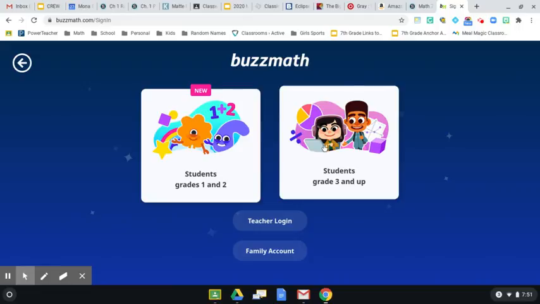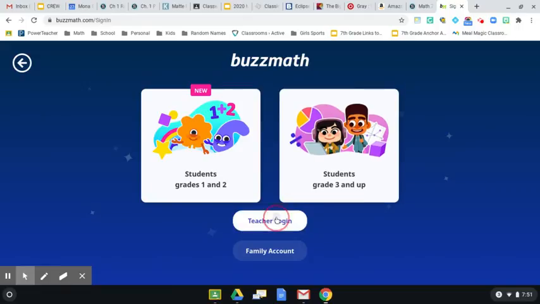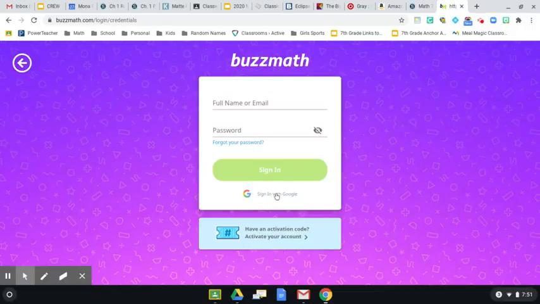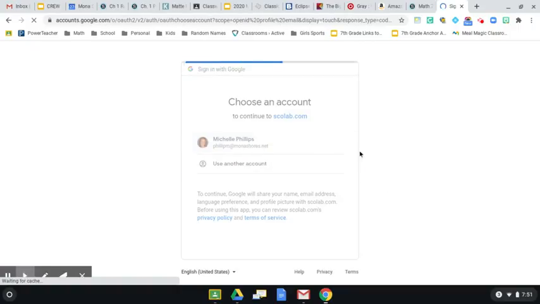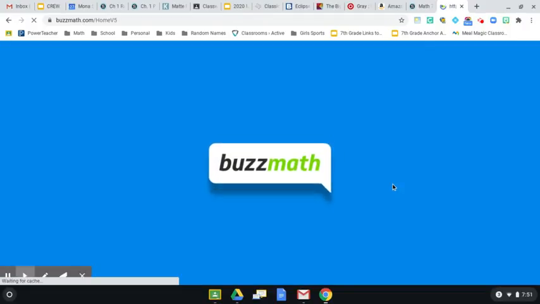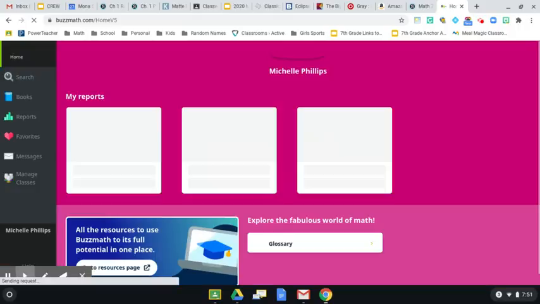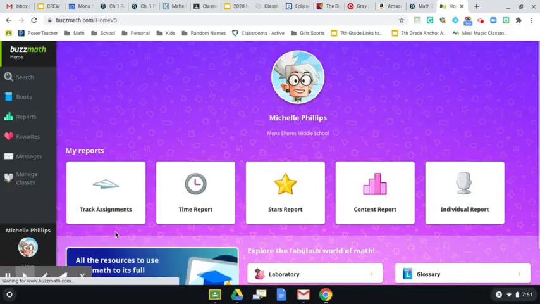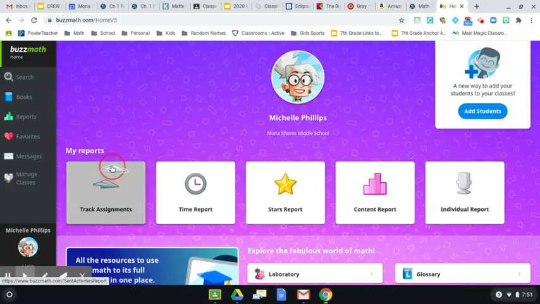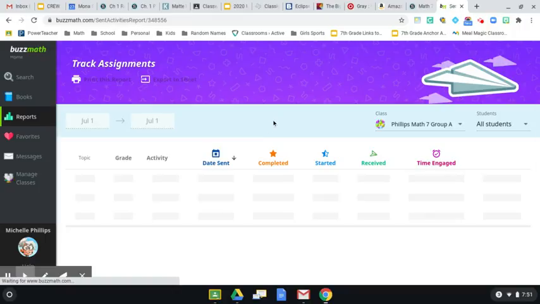So let's say on Thursday morning, when I go to check and put grades in, and you haven't done any of the 4 BuzzMath lessons that are in there, that's going to be a 0%. So that 0% will go in the grade book. If you have 1 out of the 4 done, so let's check this, 1 out of the 4, that means you would get 25% on your grade for that.